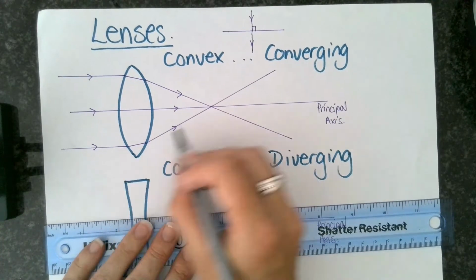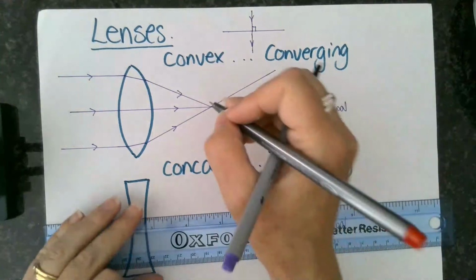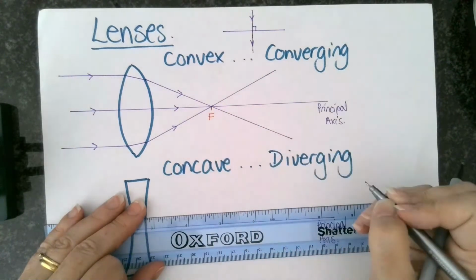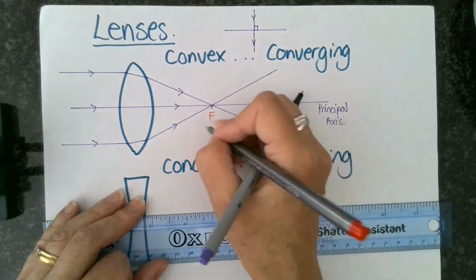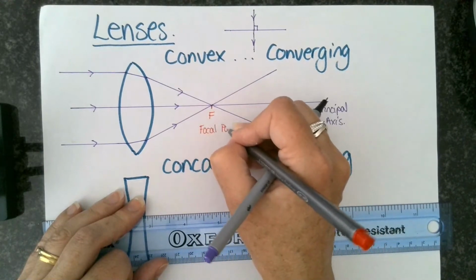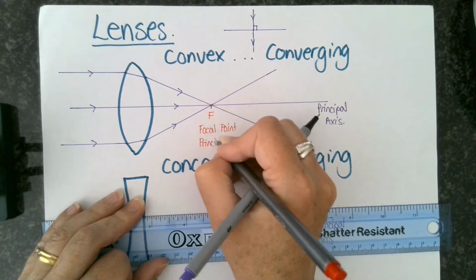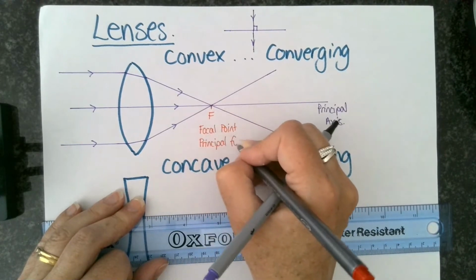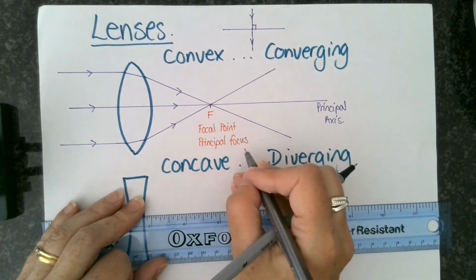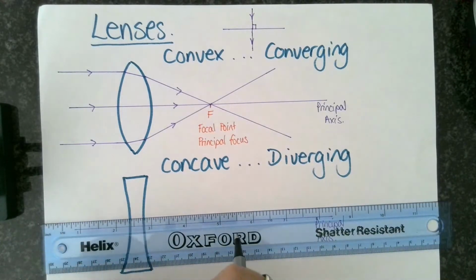So we've got this focusing of light, but there's a few other things that we need to label. This point here is given the letter F, and it is called the focal point, sometimes called the principal focus. Okay, always with its principal focus, focal point. It's not generally just the focus.